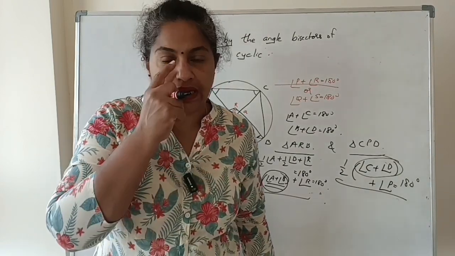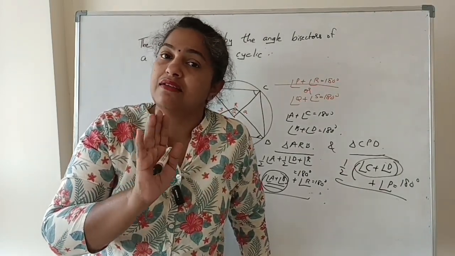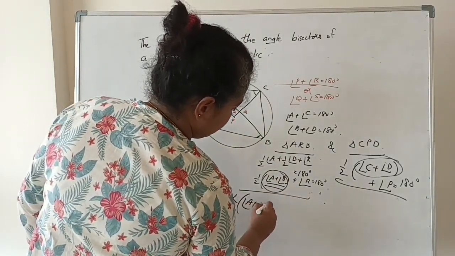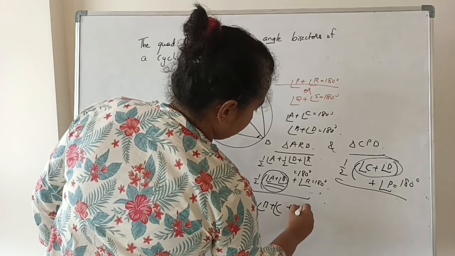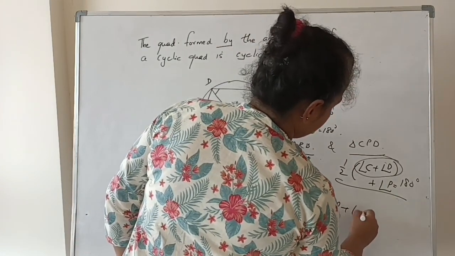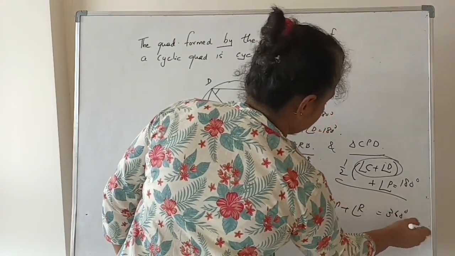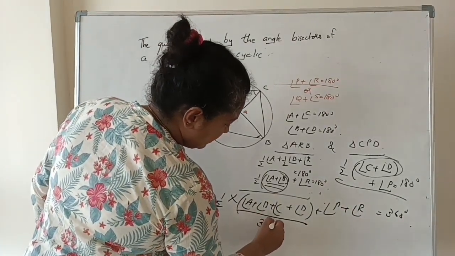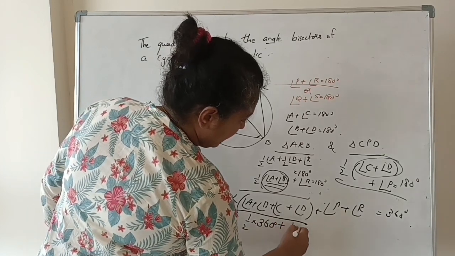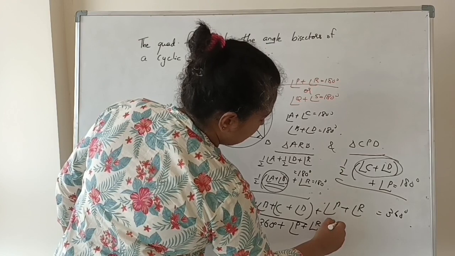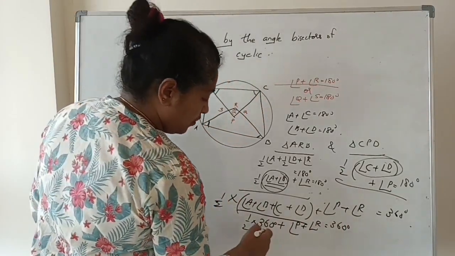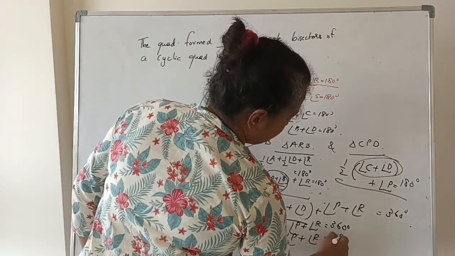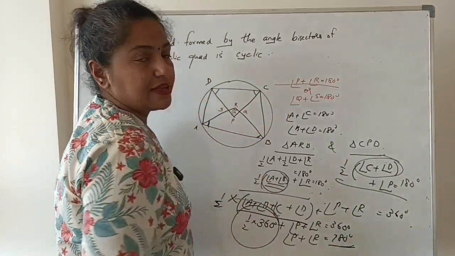I know that the sum of all the four angles, angle A plus angle B plus angle C plus angle D, is equal to 360 degrees. So now all these angles measure up to 360 degrees by 1 by 2, plus angle P plus angle R is equal to 360 degrees. Okay, this is 180, so I can say angle P plus angle R will measure up to 180 degrees, 360 minus 180.